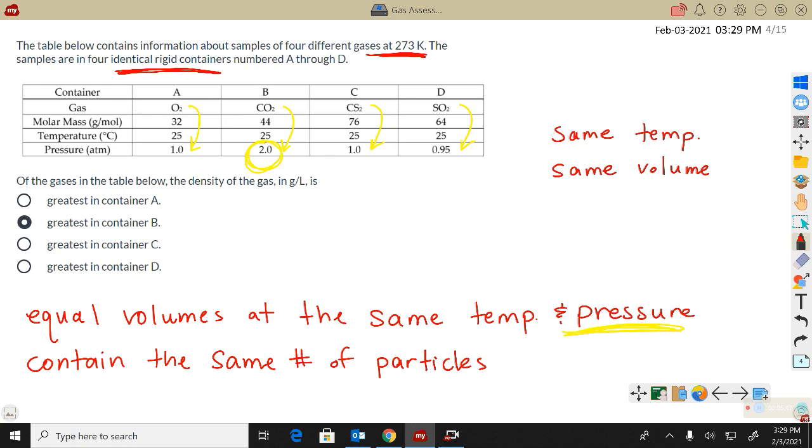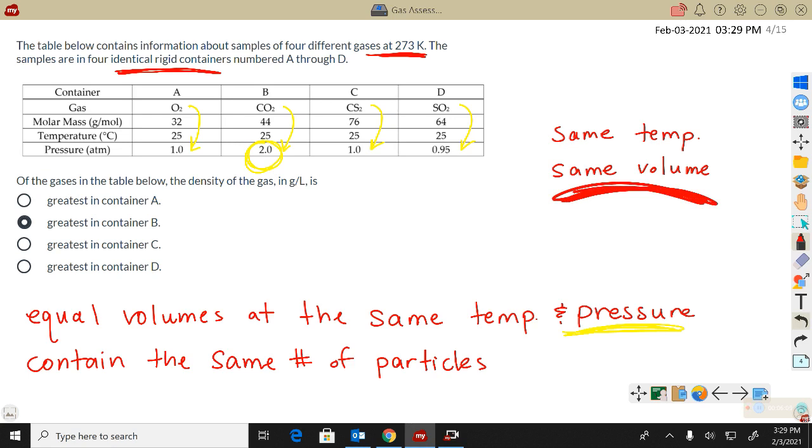But the pressure is doubled for gas B, which then must mean that gas B has twice as many particles. Oh man, there must be twice as many particles in a container that has the same volume.